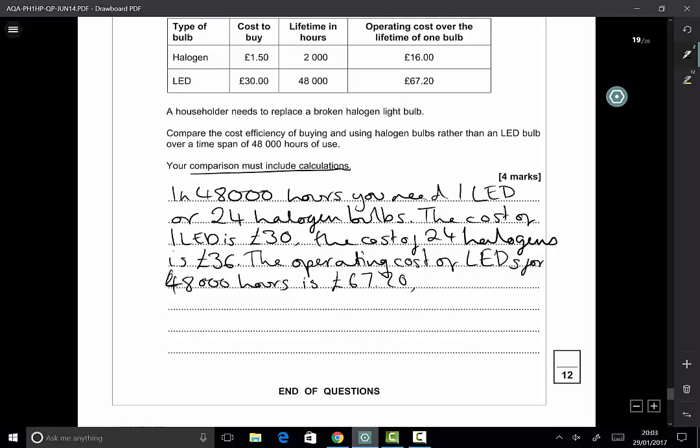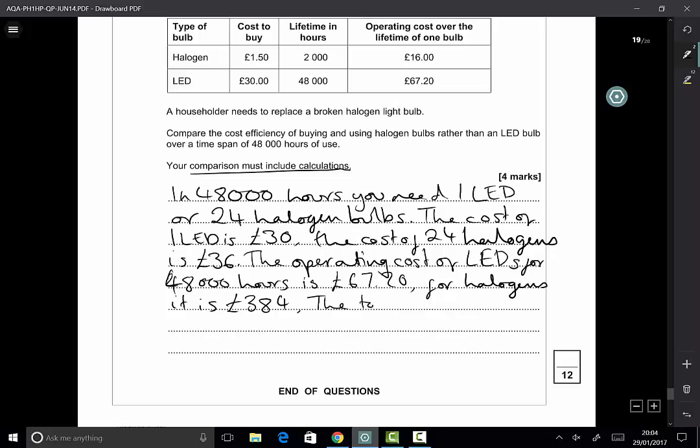Okay, this is the operating cost over one bulb's lifetime. So again, we need to times it by 24. So for halogens, it is 16 times 24, which is £384.